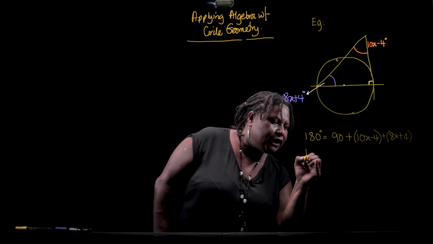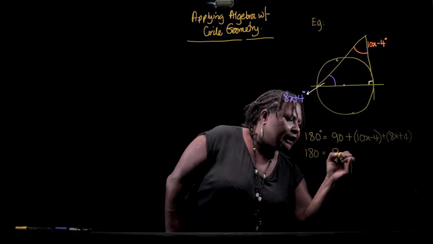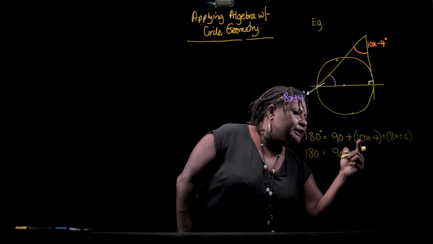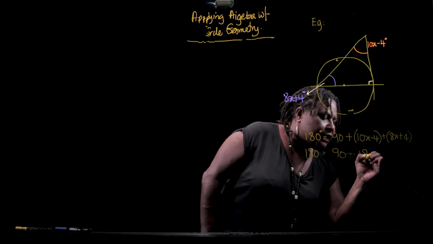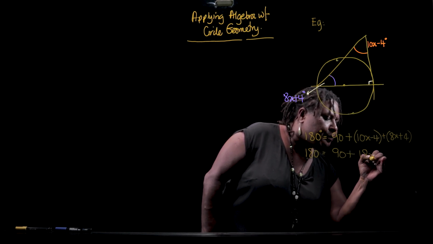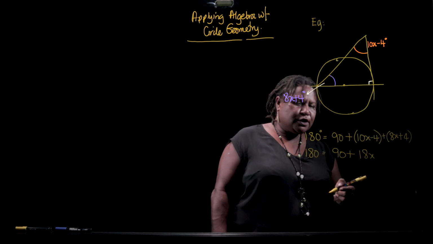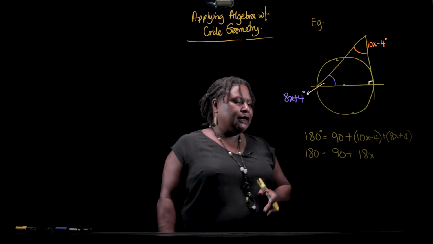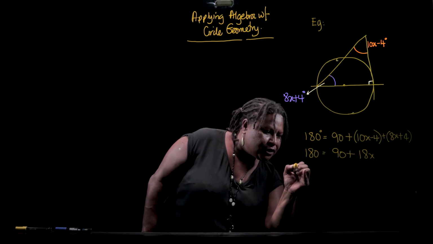So 180 is equal to 90 plus... we have to collect our like terms. 10x plus 8x will give us 18x, and negative 4 plus positive 4 is going to cancel out and give us 0, so we don't need to write that here. In order to find 18x, we bring 90 across.